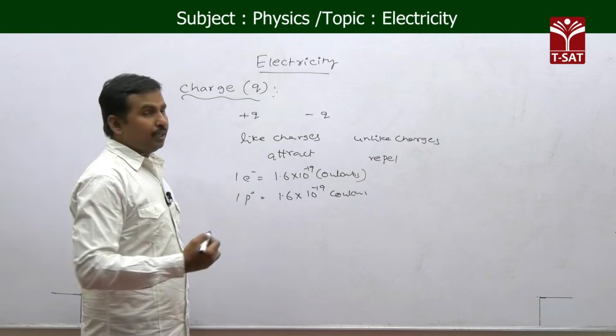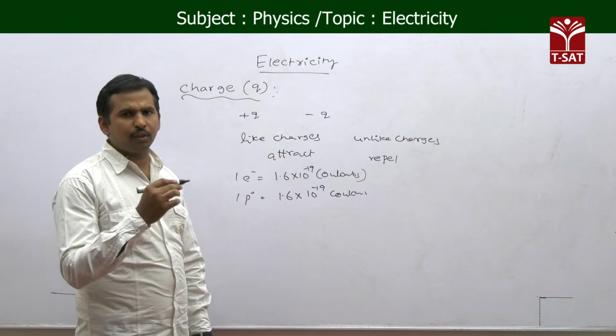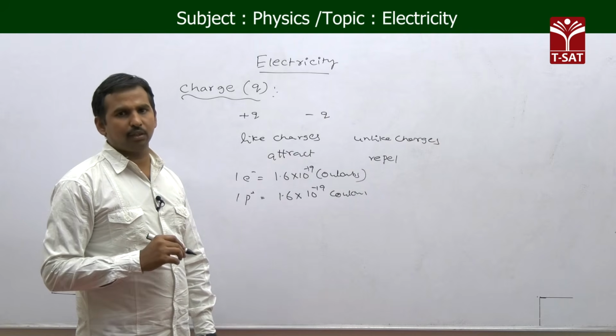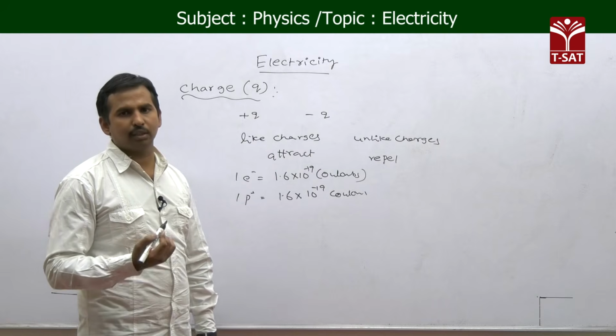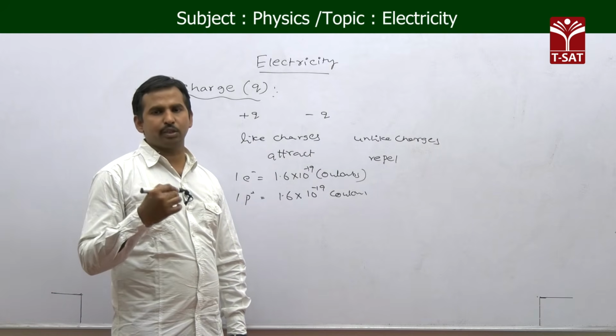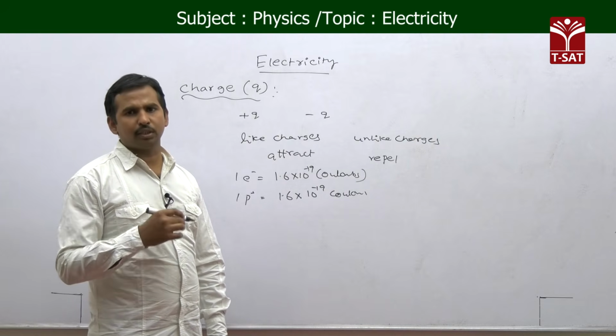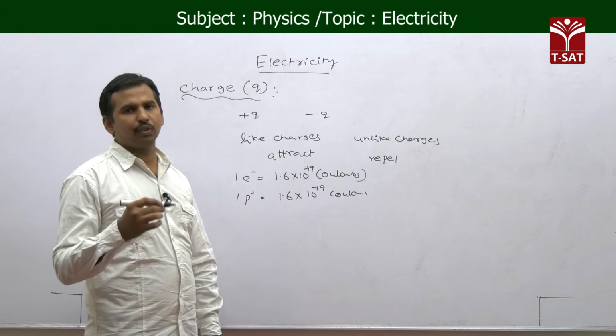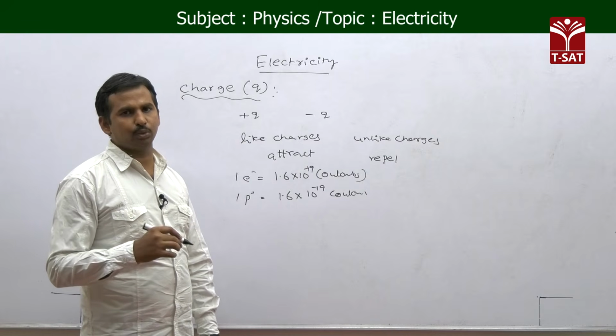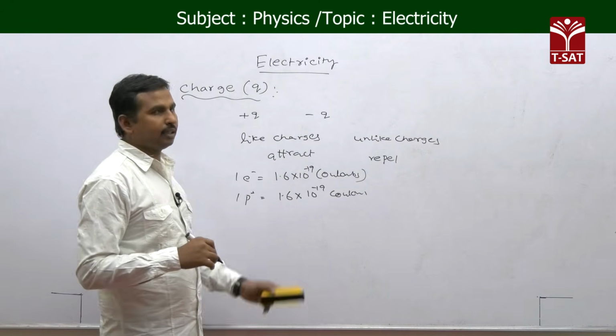Now, if these charges pass through a conductor, conductors are nothing but materials which allow the charges to flow through them. Bodies or materials which allow the charges to pass through them are called electric conductors.